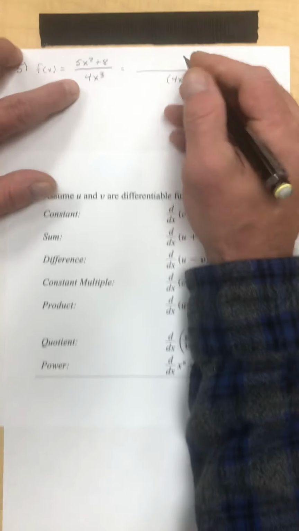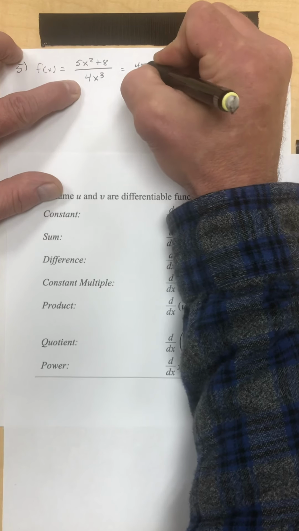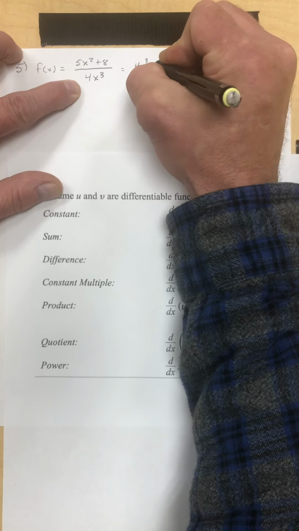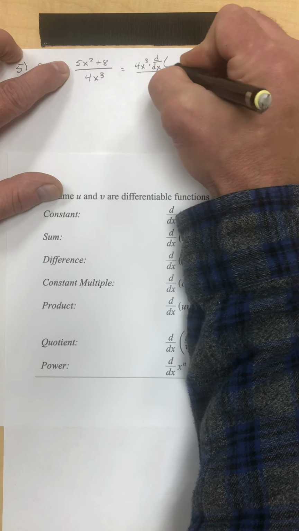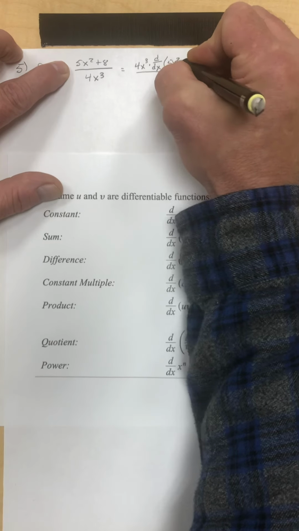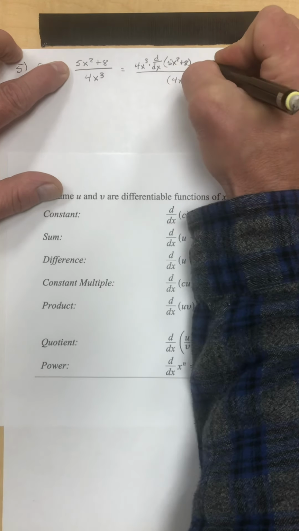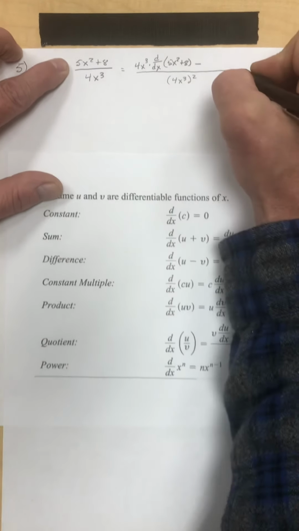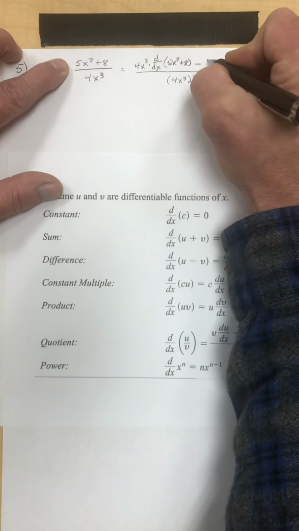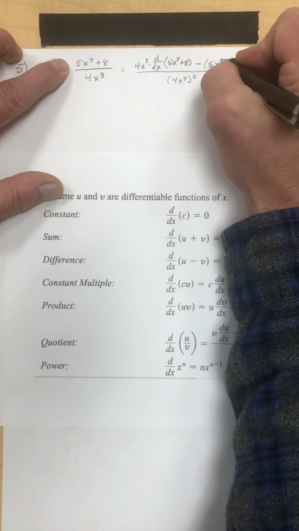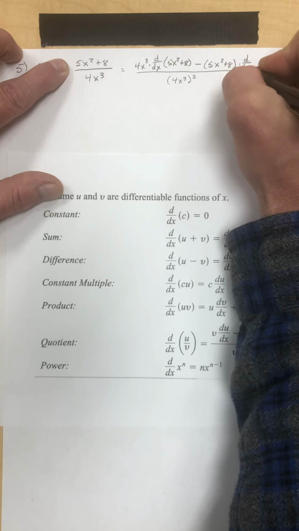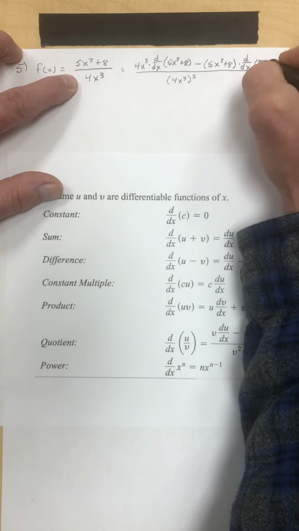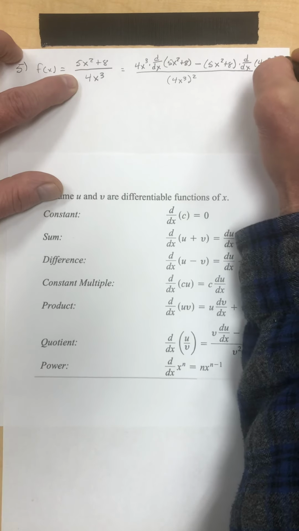So it'd be the denominator, 4x cubed, times the derivative, d dx, of the numerator, 5x squared plus 8, minus the numerator, our 5x squared plus 8, times the derivative of the denominator, 4x cubed.